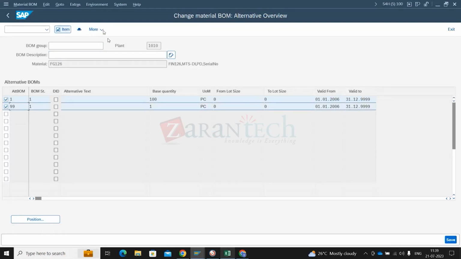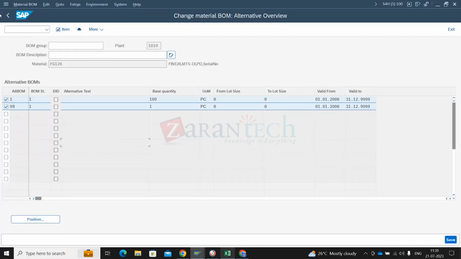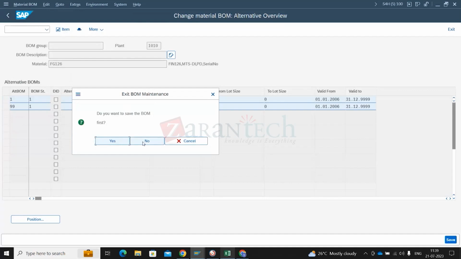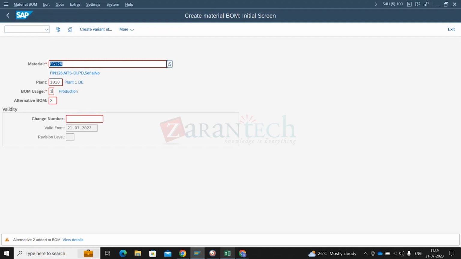They must have been created long back, but I don't have deletion authorization. Never mind. I'll create bomb number 2. Bomb usage 1, alternative 2.